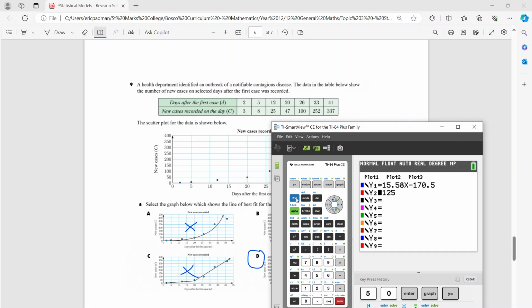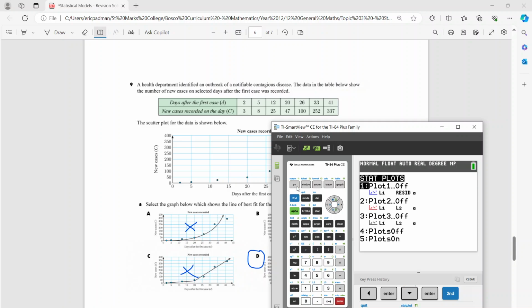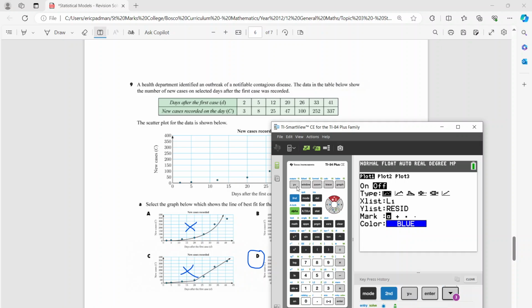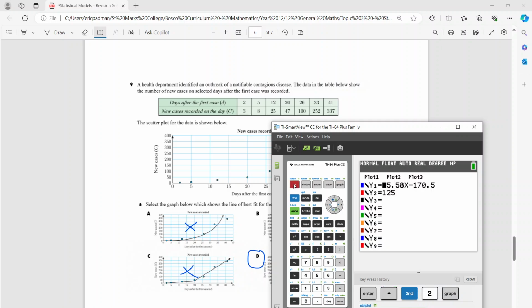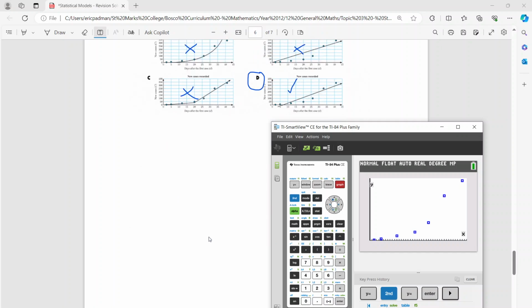Let's turn those off. I might have to delete them later on. Go into stat plot, turn that back on. We do not want residuals, we want list 2. Okay, graph. I didn't turn my stat plot on, did I? On. There we go.